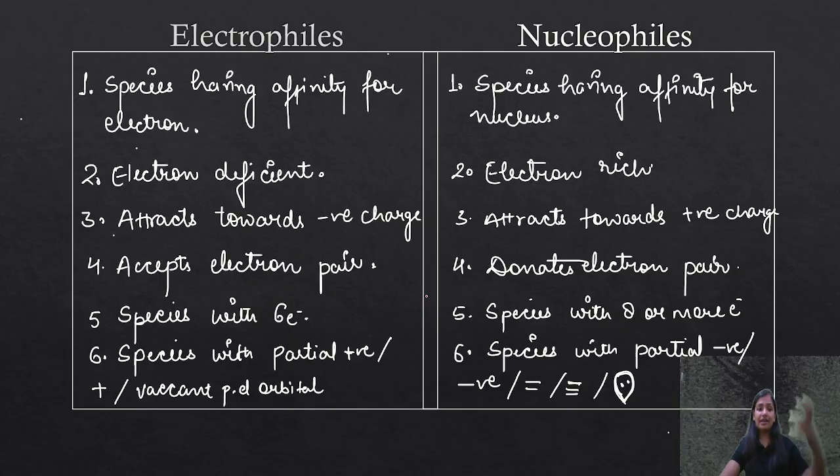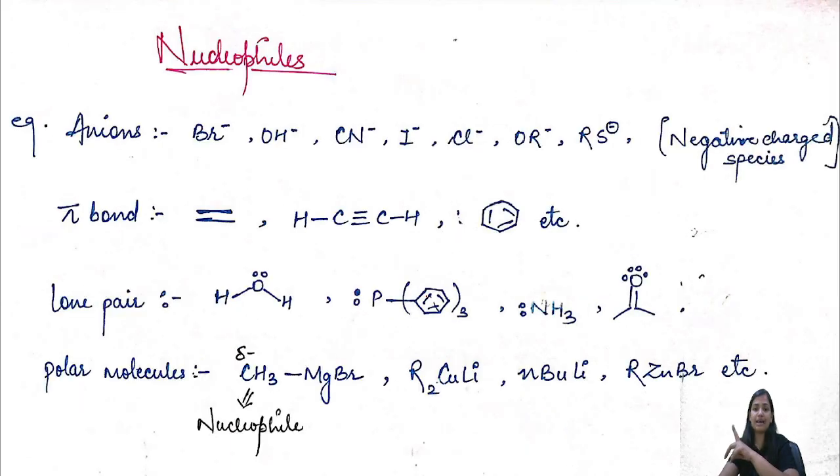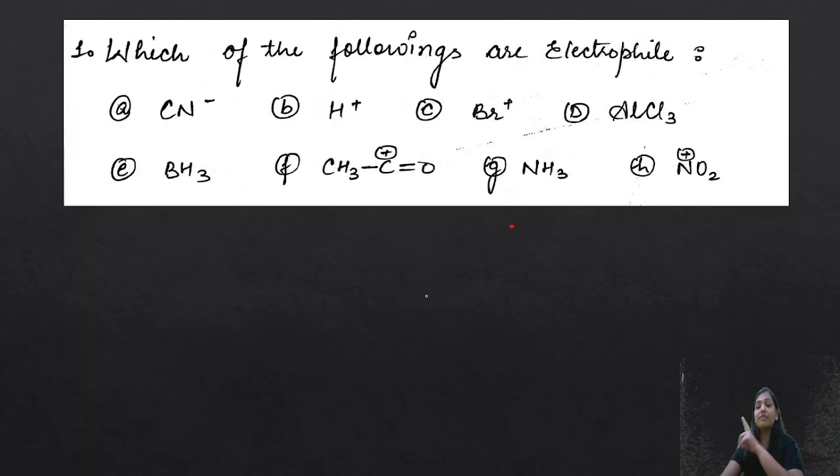So guys, I will take you through the important points of difference between the electrophiles and the nucleophiles, and then we will focus on many examples of how to identify electrophiles and nucleophiles, and then we will do a small exercise.